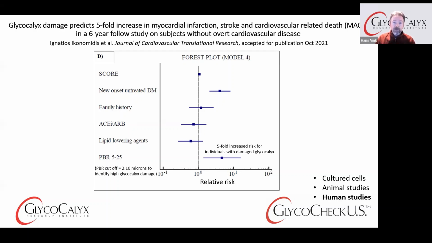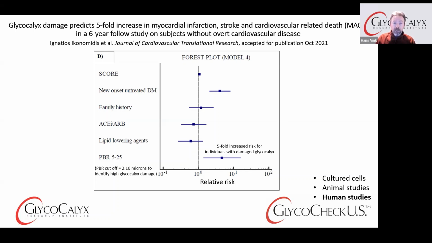And even if you compensate for all these other risk factors, so you only look at people that don't have diabetes, no family history of heart disease, or using hypertensive drugs or cholesterol-lowering drugs, then on top of that, just having a compromised glycocalyx adds another 30% risk. So 30% of people that we will not be able to identify because of the classical risk factors can be identified by measuring the health of their glycocalyx.